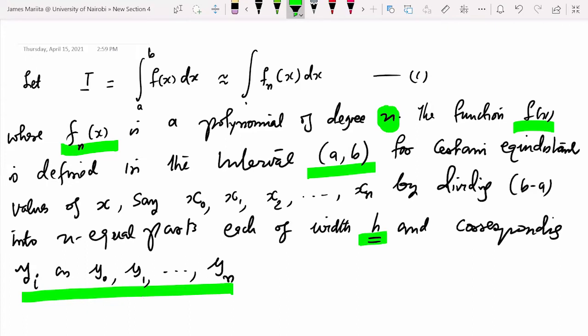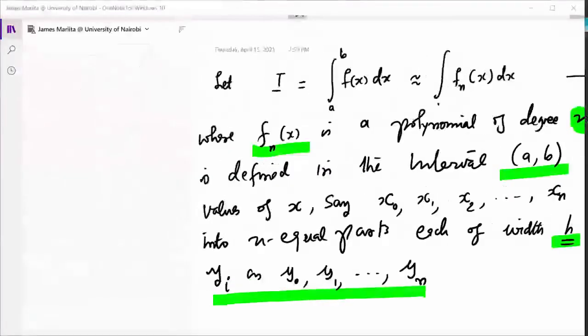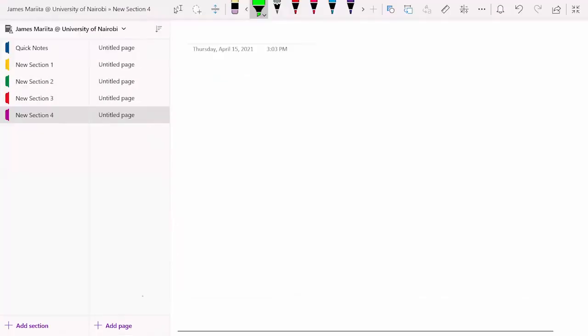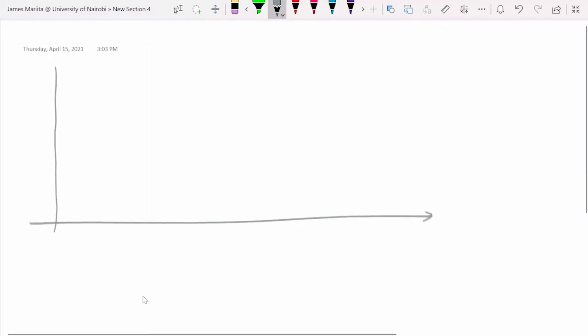We have this pictorially, as I'm going to show you shortly. So we can have this as our x and that as our y.